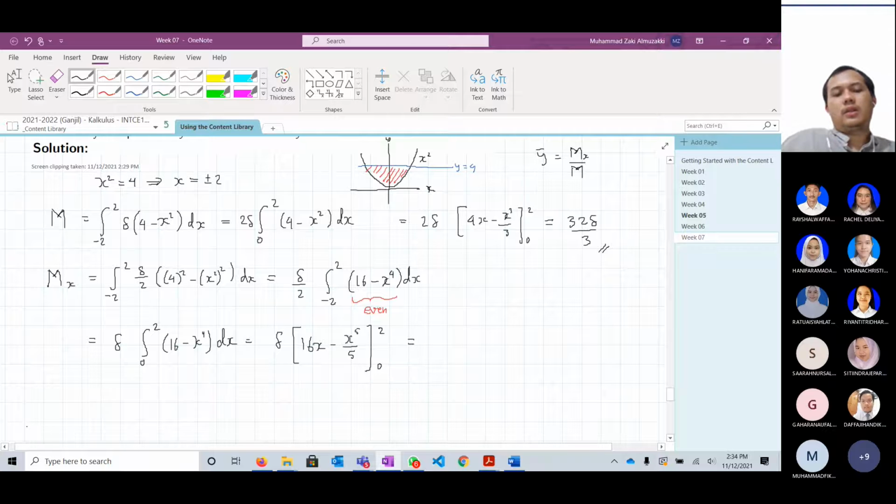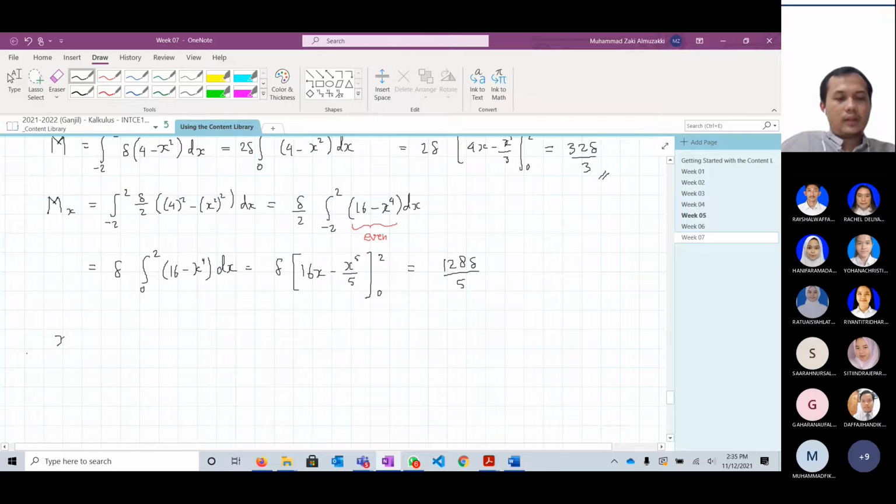That is 16 times 2 is 32, minus 2 to the power 5, which is also 32, divided by 5. So we have 32 times 4 over 5, which is 128 delta over 5. Please check if my calculation is correct or not.